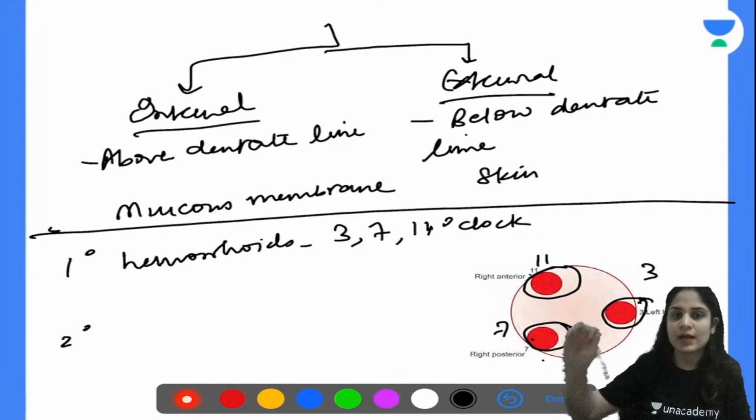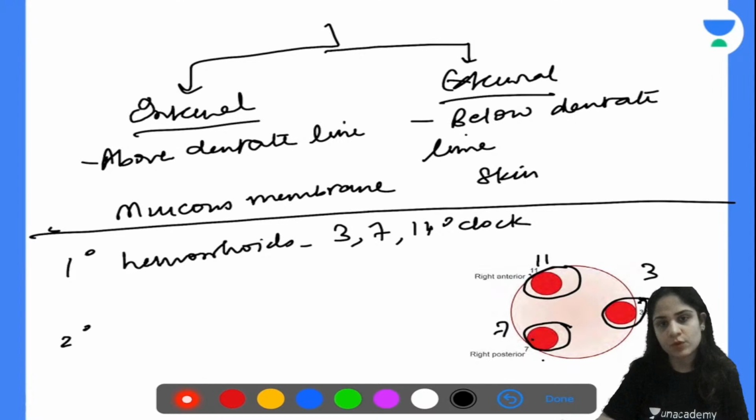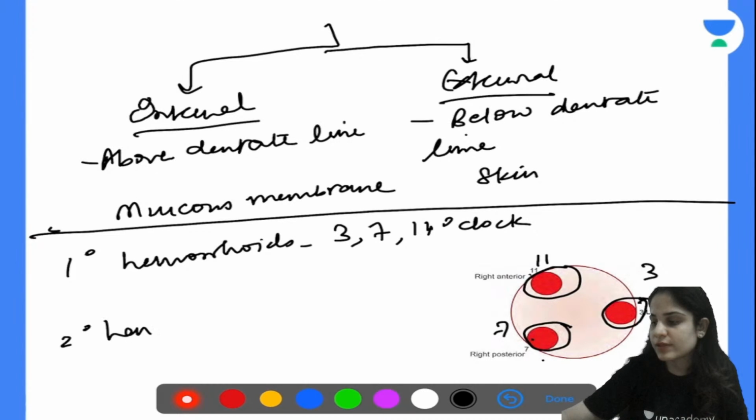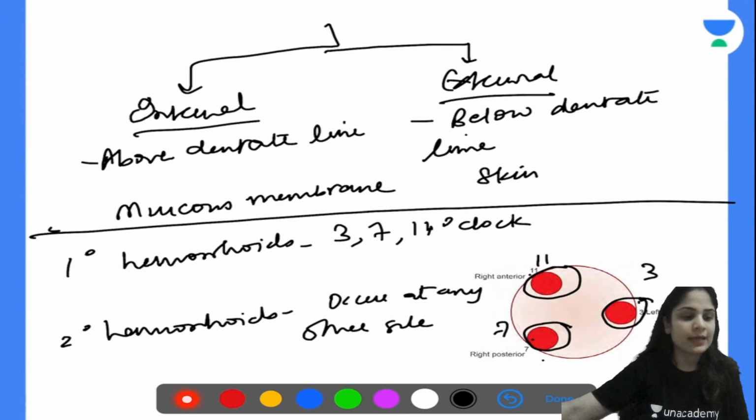And that's why you have these primary hemorrhoids located at these positions. Okay, and your secondary hemorrhoids are the ones that occur at any other site. So in between over here, anywhere your secondary hemorrhoids can occur.